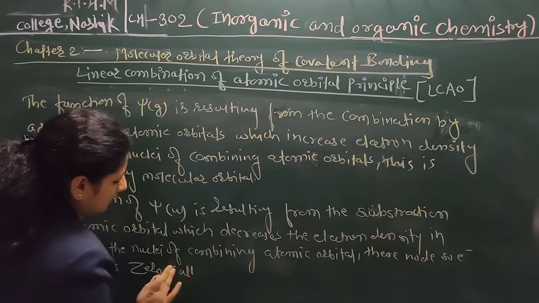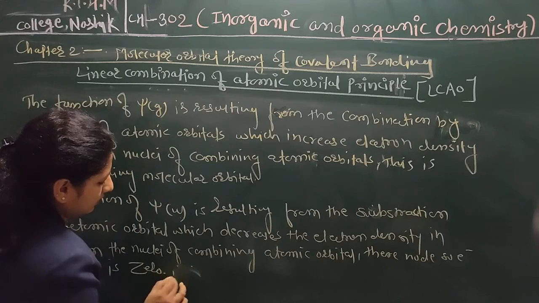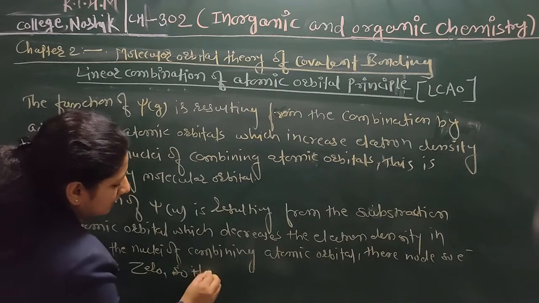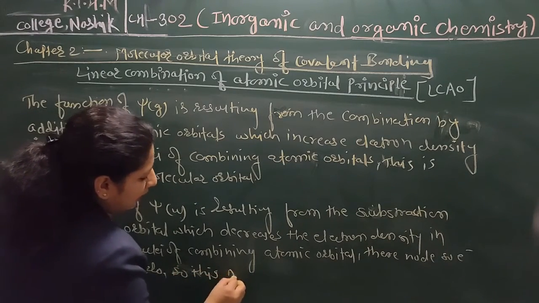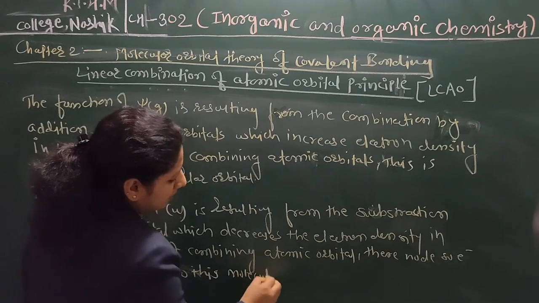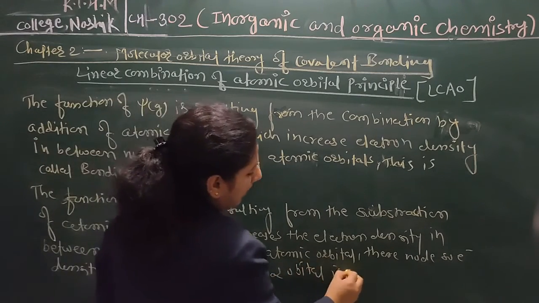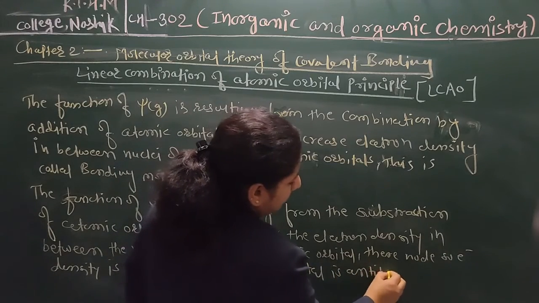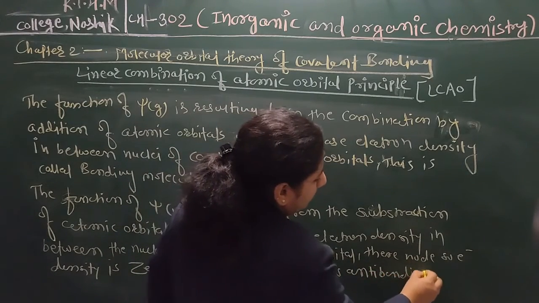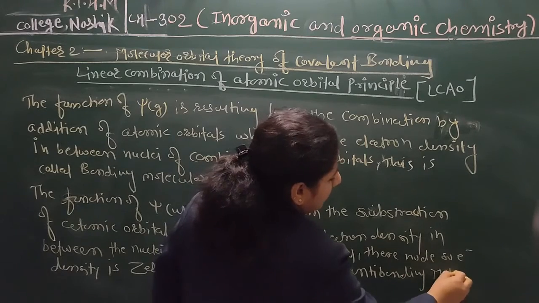So this molecular orbital is called antibonding molecular orbital.